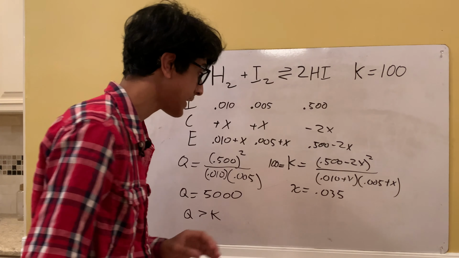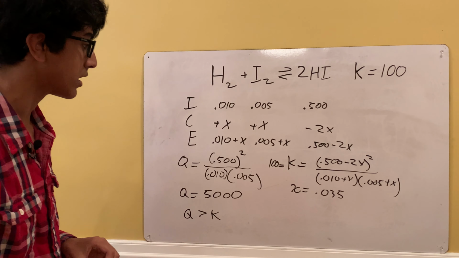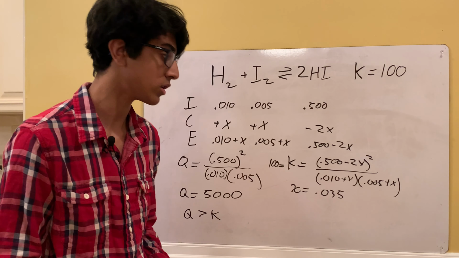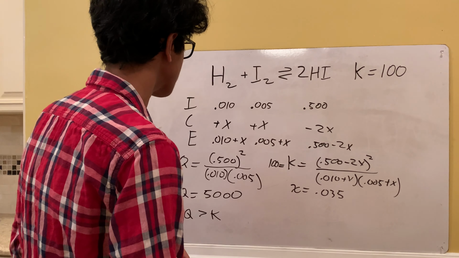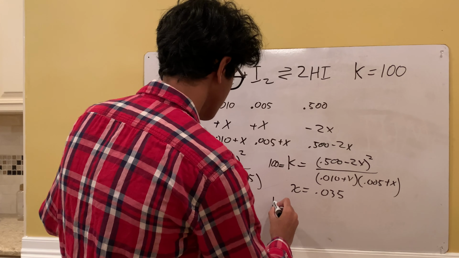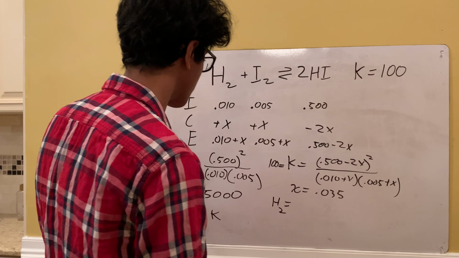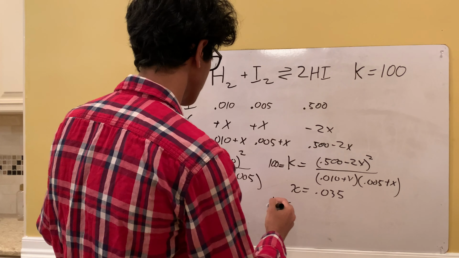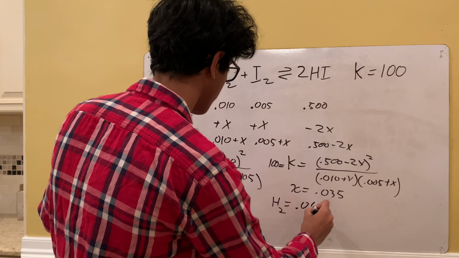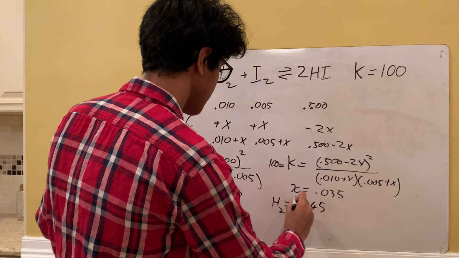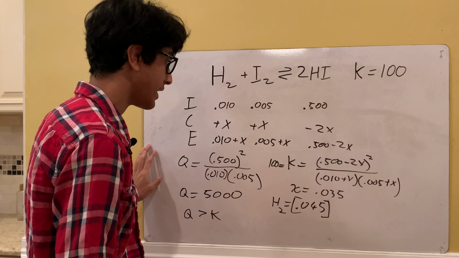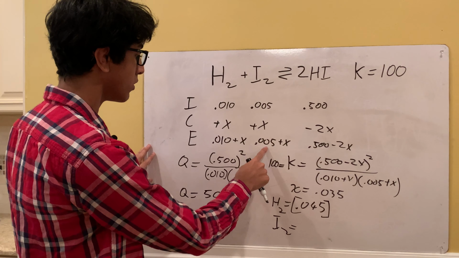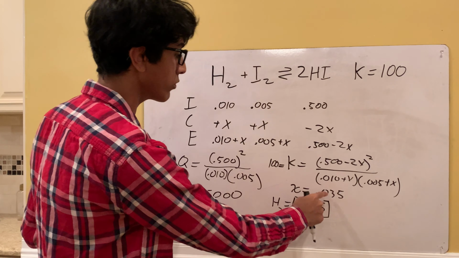And we're not done yet, because the x is just the change. We have to find out what the equilibrium concentrations are. So the equilibrium concentration of H2 is equal to x plus 0.010, so it's equal to 0.045. And for I2, it's equal to 0.005 plus x, which is 0.035.